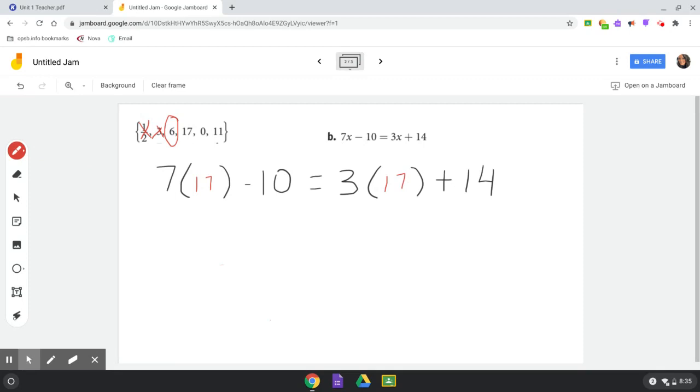Seven times 17 is 119 minus 10 equals 17 times 3 is 51. 119 minus 10 is 109. 51 plus 14 will be 65. So that is also a no solution. So 17 is out.